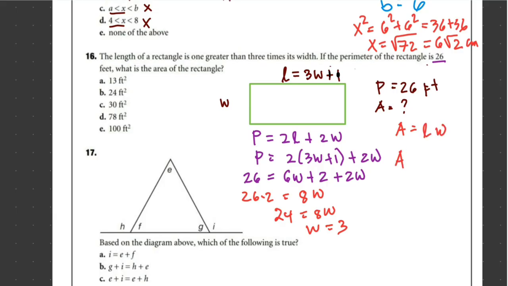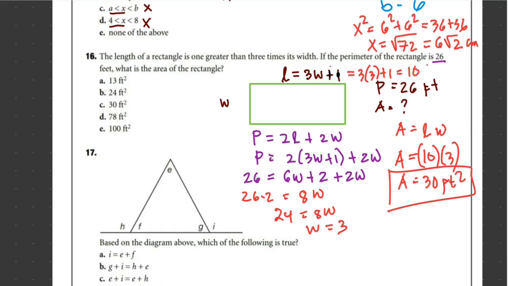The length is 3 times the width plus 1. So this is 3 times 3 plus 1. This is 9 plus 1, which is 10. Therefore, the area is 10 times the width, which is 3. Area is 30 square feet. The answer here is letter C.